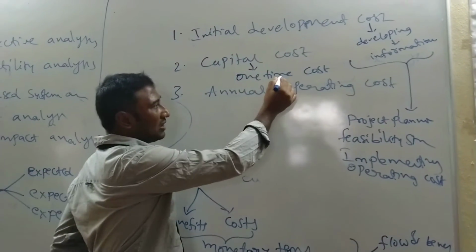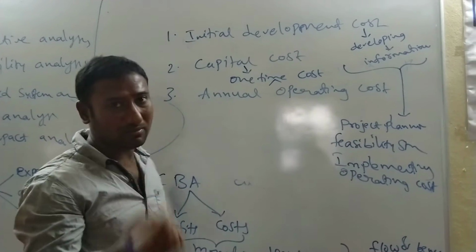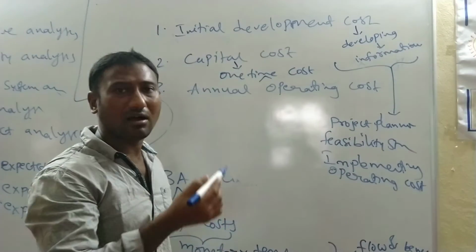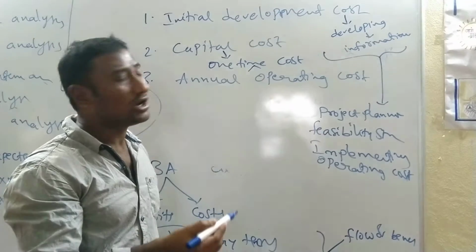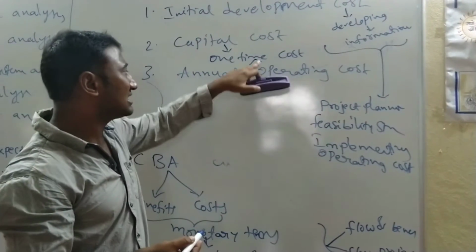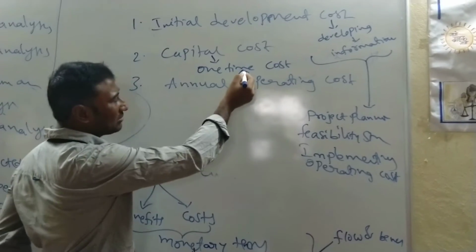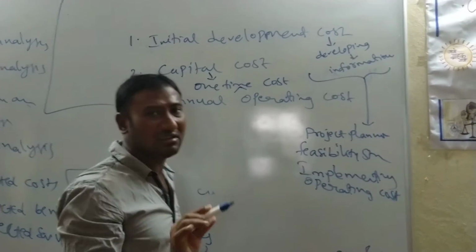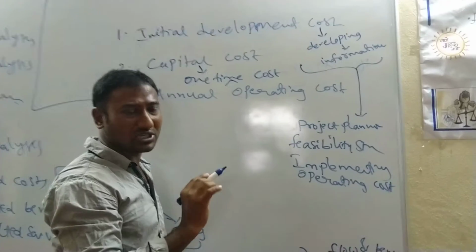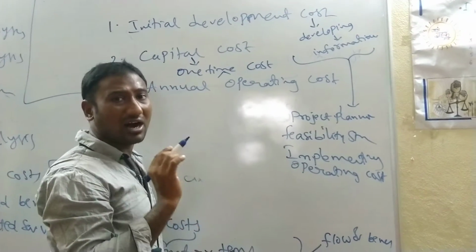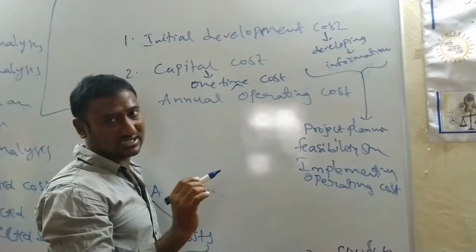For example, furniture, some facilities, and also hardware computers to operate the system are called capital cost. In this one-time cost, we purchase all the material, facilities and hardware only once.